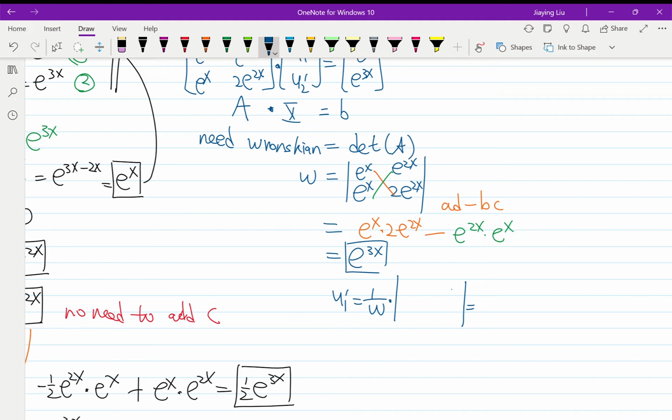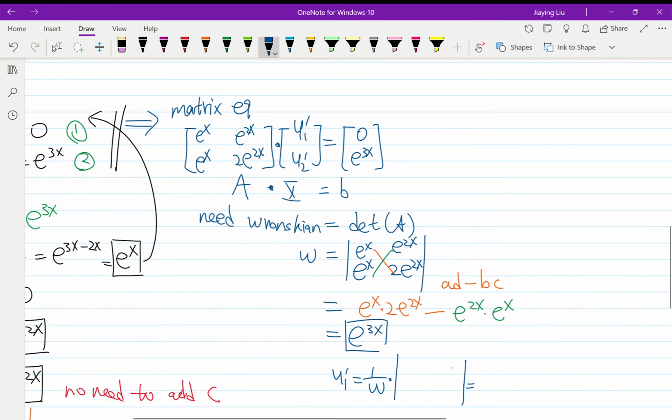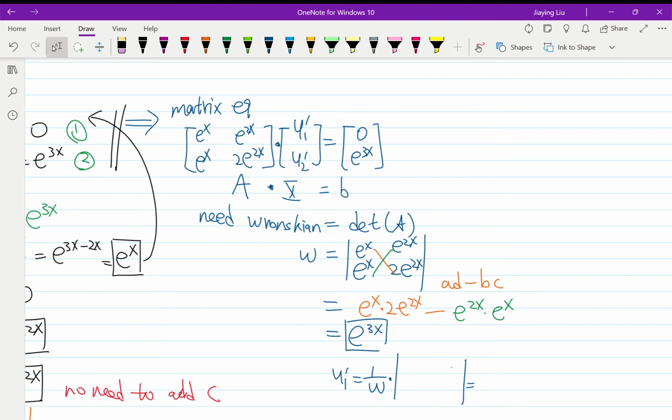And what's this new matrix? This new matrix that we're going to take the determinant of is the A matrix, but with the first column replaced. So we're going to take this A matrix and replace the first column with the right-hand side, the B matrix. So we're going to take 0, e to the 3x to replace the first column.